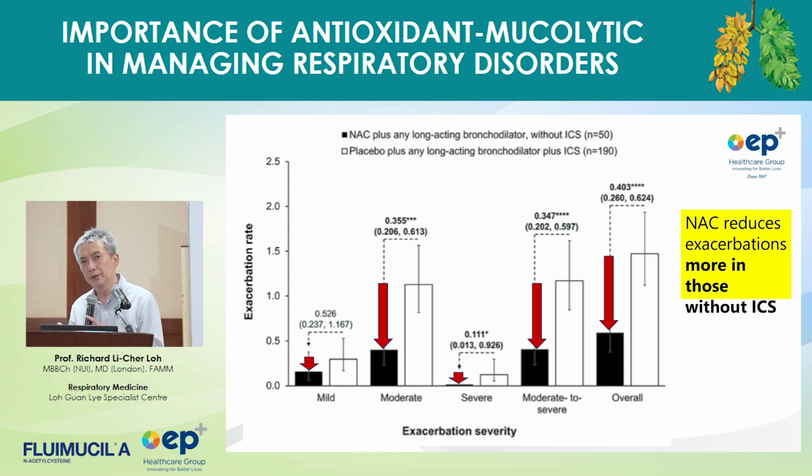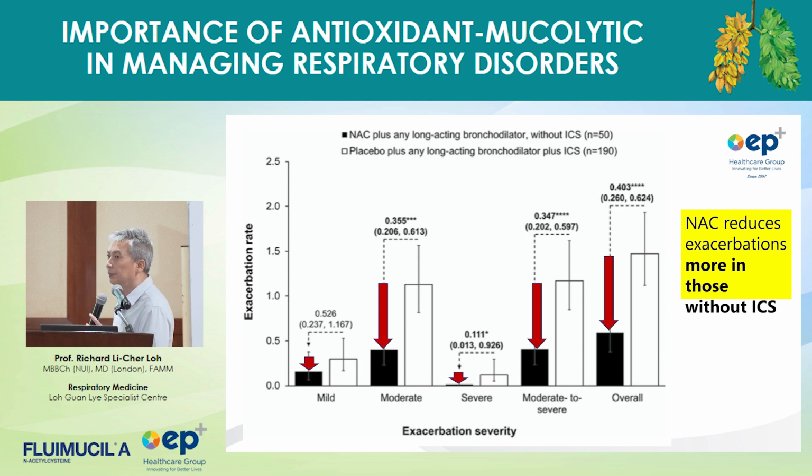So a COPD patient comes to your clinic, and if you want to decide whether you want to give ICS, you can do their full blood count and look whether they have eosinophil counts more than 300, and then you can consider using inhaled steroids.